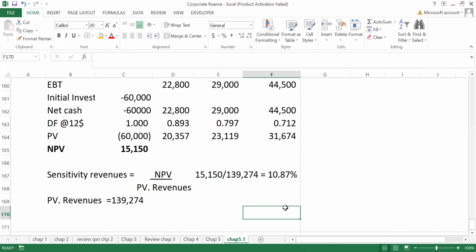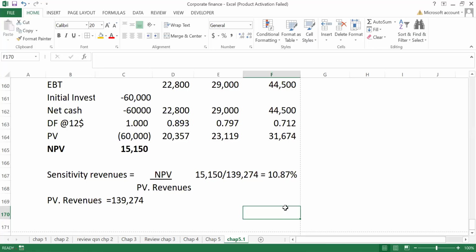So meaning that if your revenues decrease by 10.87%, your NPV will become zero or will affect your decision, if other factors are held constant, because you are looking at one variable at a time.